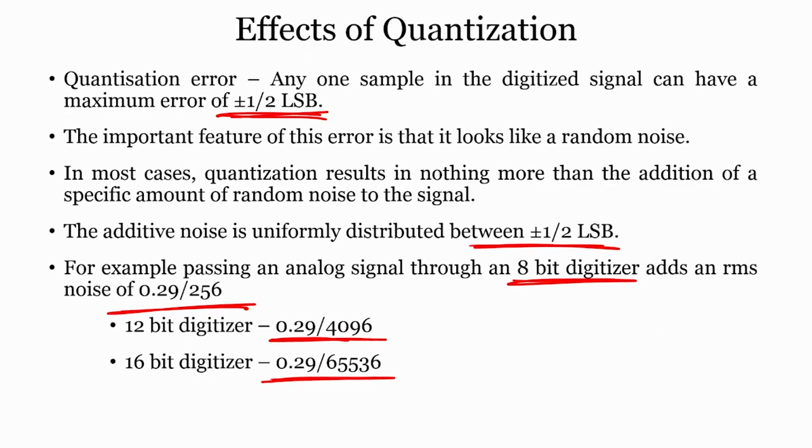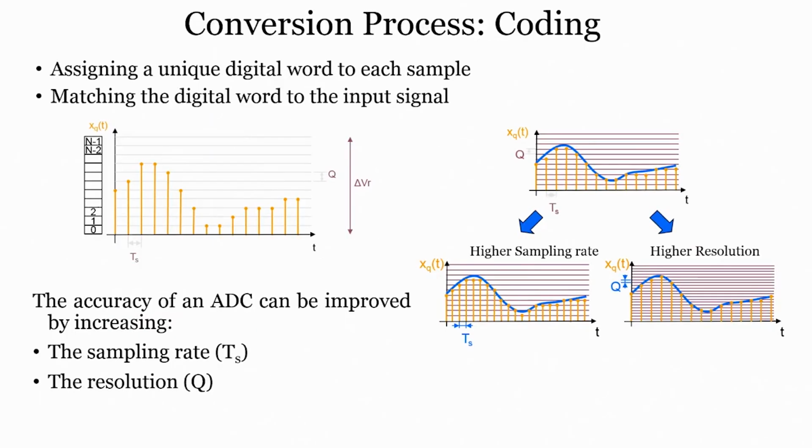To calculate how much RMS noise is added, 8 bits is 2 raised to 8, which is 256. For a 12-bit digitizer, 2 raised to 12 is 4096. For 16 bits, 2 to the power 16 gives you 65536. So, 0.29 by 4096, 0.29 by 65536.